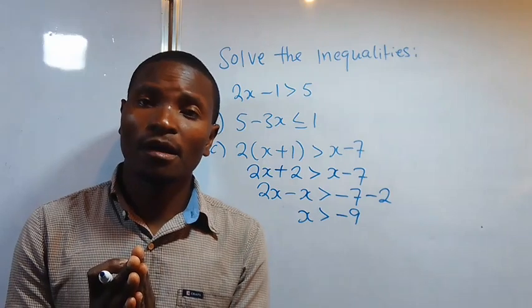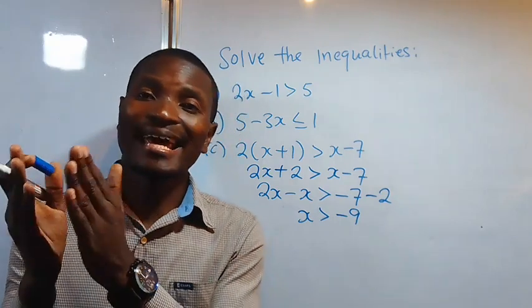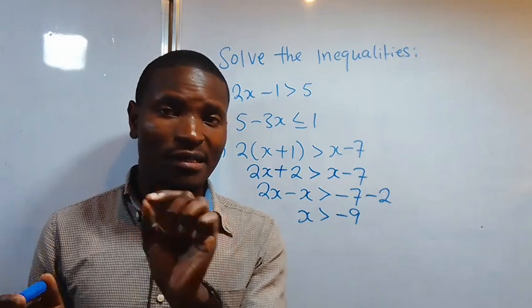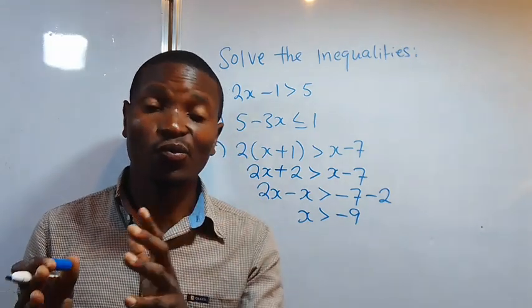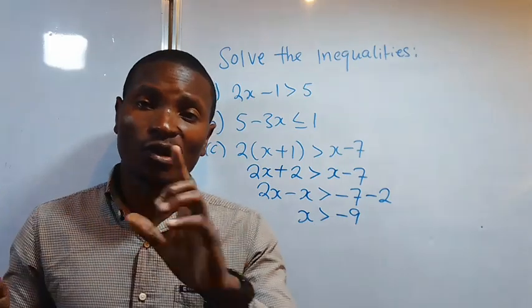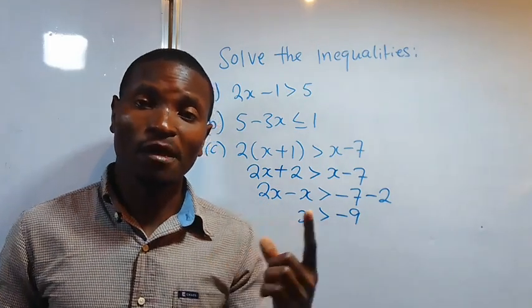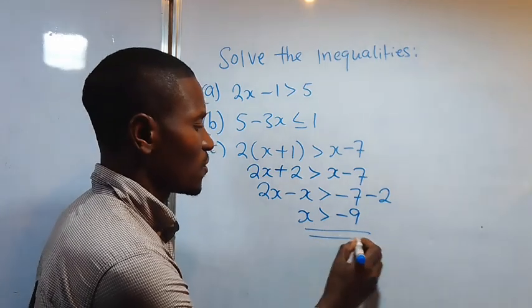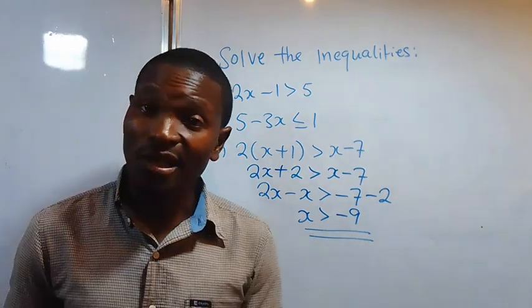The reason is that the x is still positive, but if the coefficient in front of the x had a negative sign, we would have flipped the inequality sign. So this is how you can solve this equation.